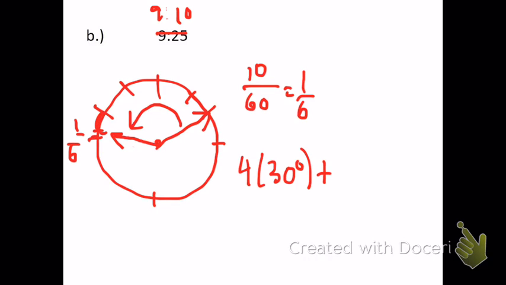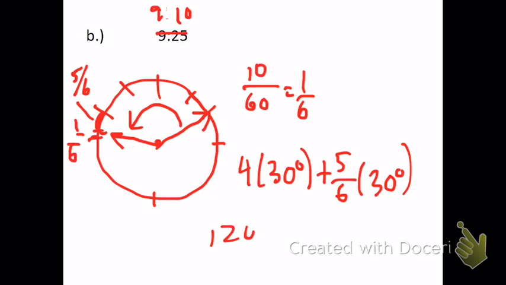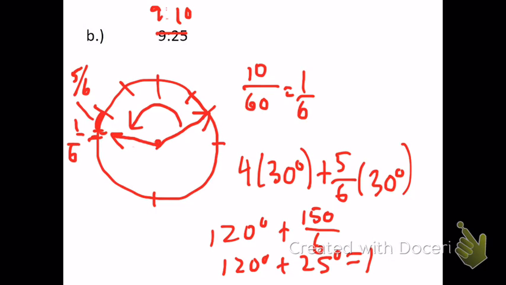So we subtract 1/6 from 1, and what I'm left with is 5/6. So it's plus 5/6 times 30. That's going to be 120 plus 150 divided by 6. So that's 120 plus 25, which is equal to 145.